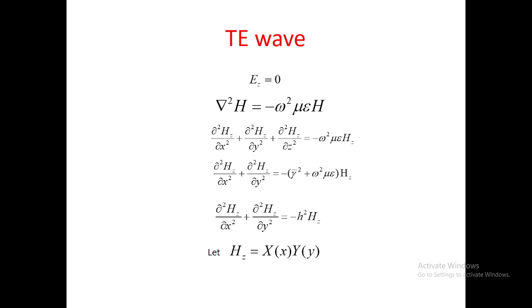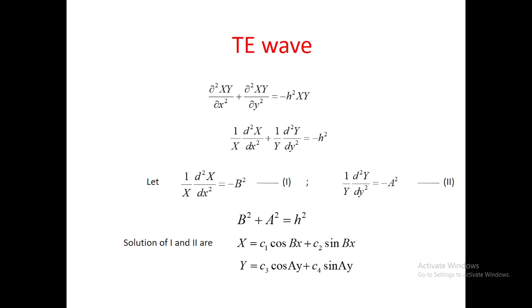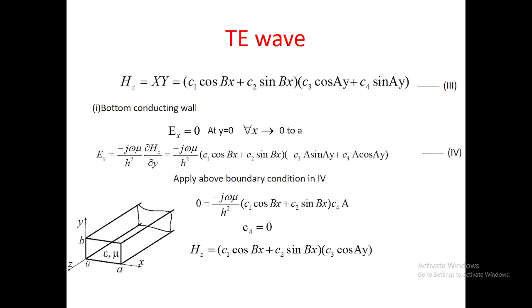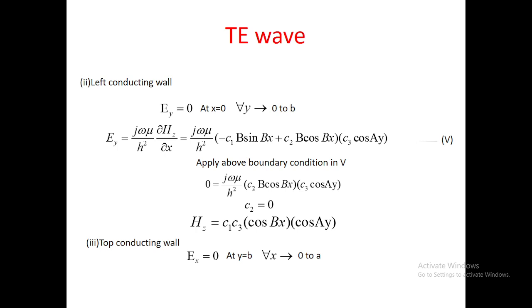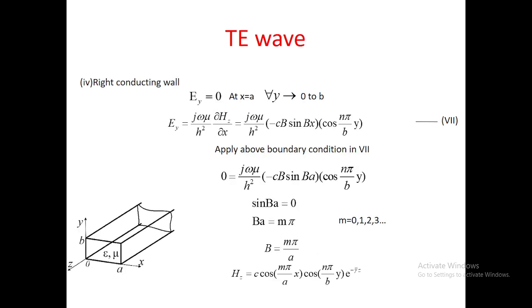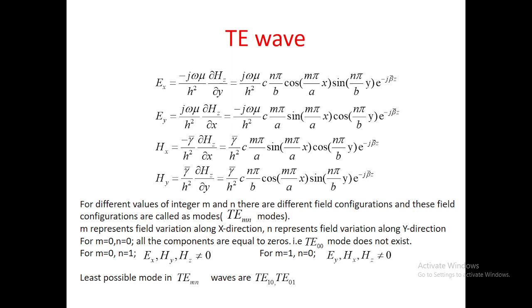Coming to TE wave, transverse electric wave, the condition is Ez equal to 0. By taking the magnetic wave equation and applying boundary conditions to the Hz equation, finally these are the equations for TE wave.